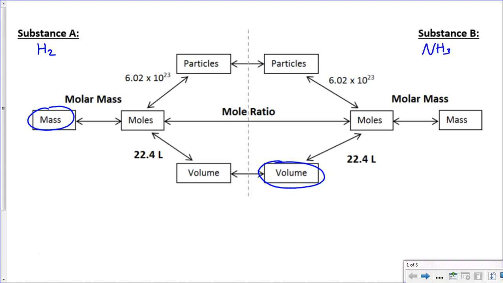The path I recommend you take here is go from mass of H2 to moles of H2, and then from moles of H2 to moles of NH3, and then from moles of NH3 to the volume of NH3. And so the conversion factors that we're going to need here, we need the molar mass of H2. The mole ratio comes from the balanced chemical equation, and 22.4 liters in 1 mole at STP.